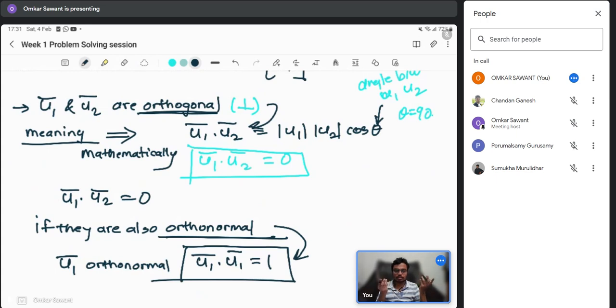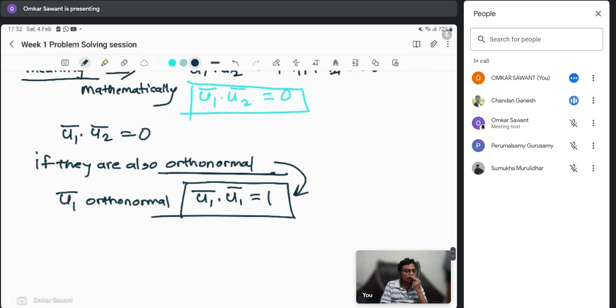If I am the u1 vector, why will I find I am perpendicular with myself? Yes, sir. Got it.